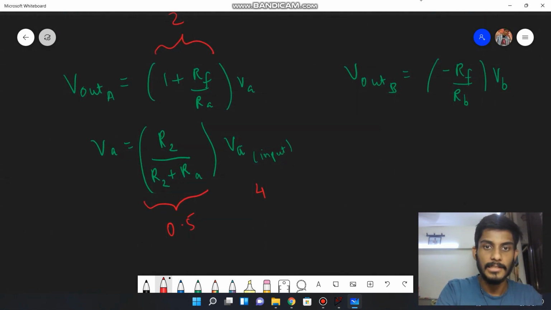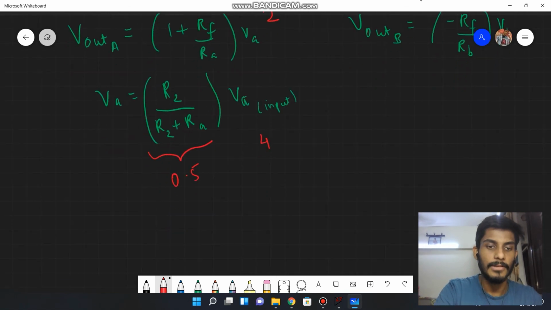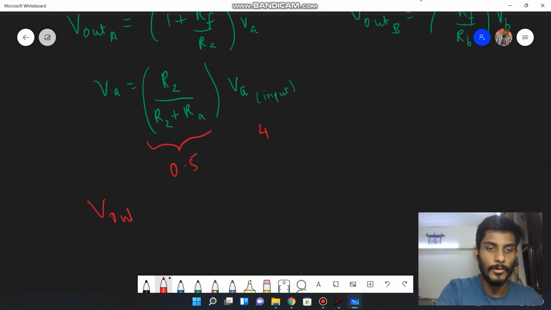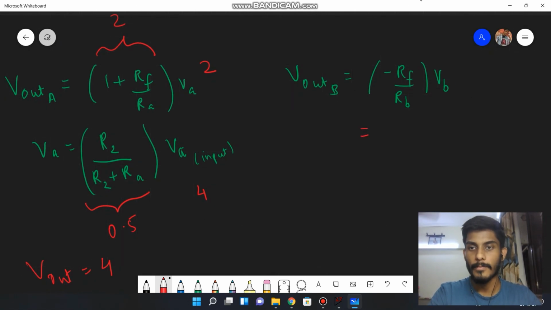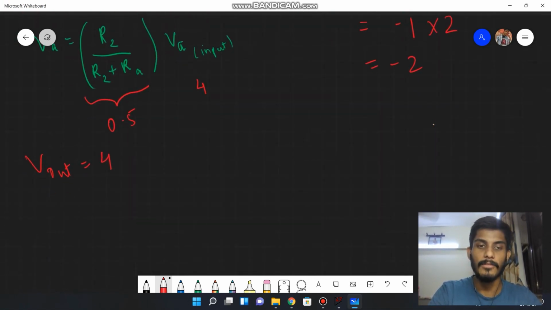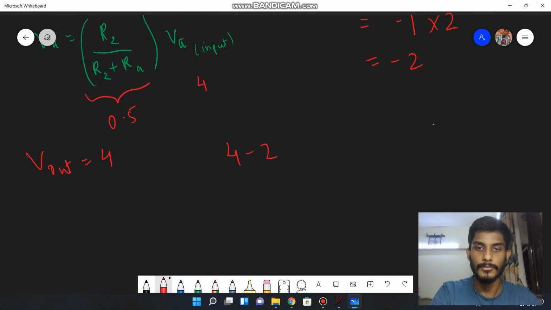And finally substituting the 2 volts here, we get Vout A as 4. And for Vout B, we have minus 10 upon 10 as minus 1, and VB is taken as 2 volts. Therefore, we substitute it here and get minus 2. So finally, we have 4 minus 2 is equal to 2.